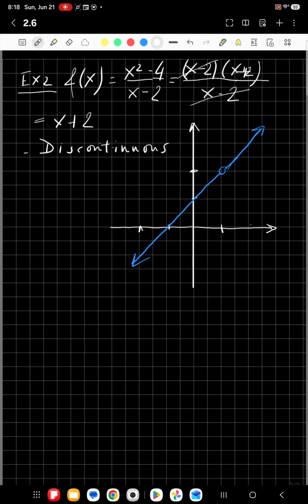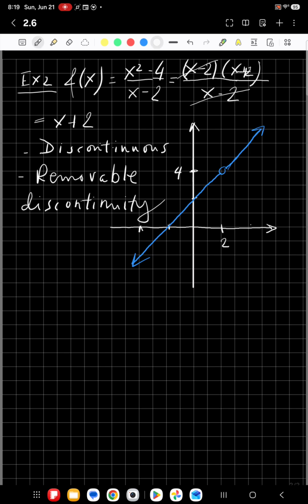But that discontinuity is removable. So let's write removable discontinuity. Okay, let's add those numbers here. So this is 2 and this is 4.